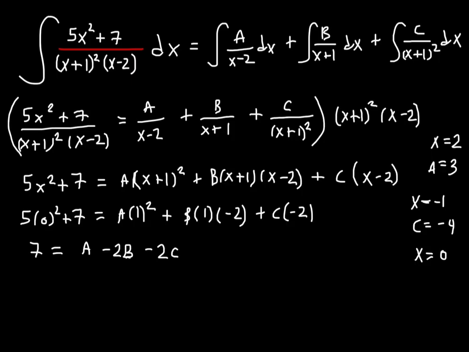negative 2b plus c times negative 2. And now we know that a is equal to 3 and c is equal to negative 4, so we can just replace them.